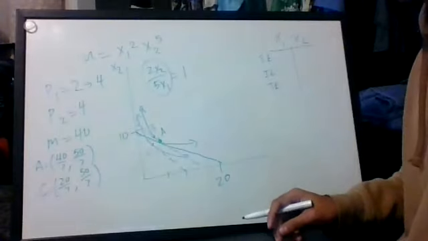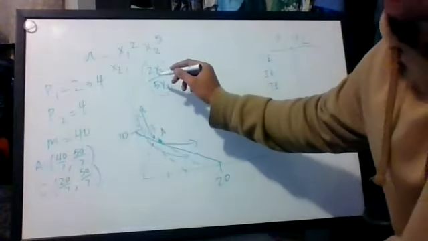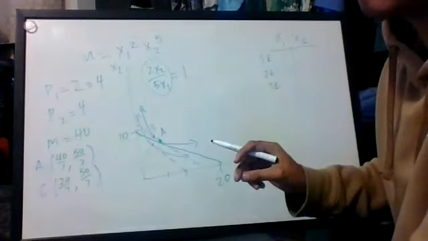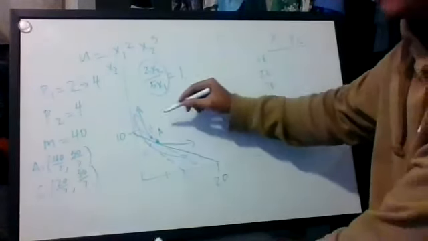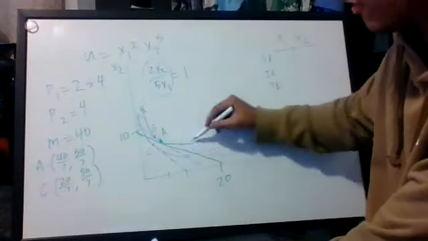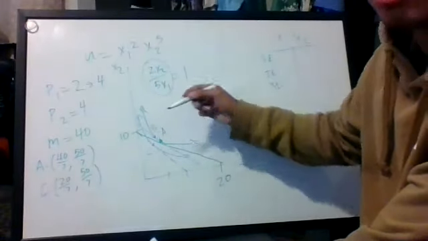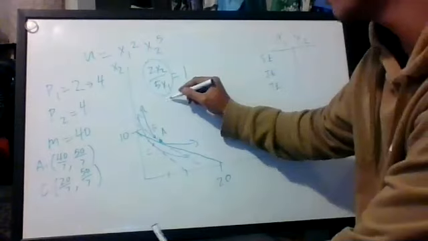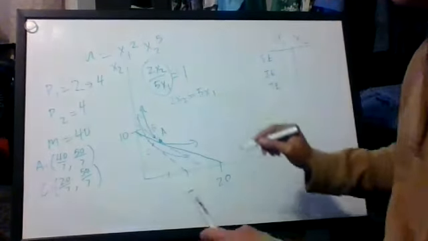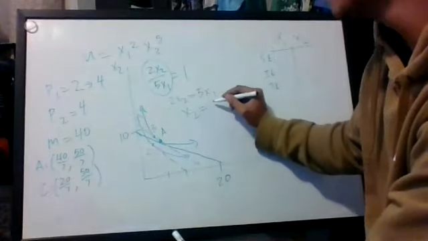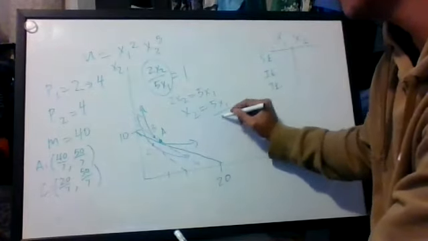If you remember, the MRS is just the slope of my indifference curve at a specific point. So I want to find where on this indifference curve the slope is equal to 1. Just rearranging, I get 2x2 is equal to 5x1, so that x2 is equal to 5x1 over 2.